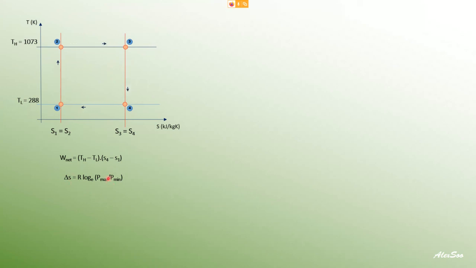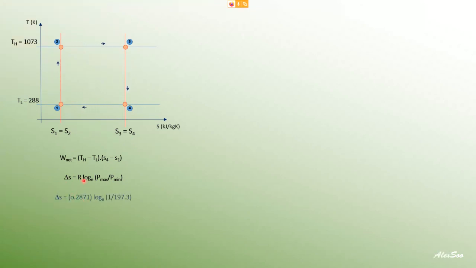So S4 minus S1 equals S3 minus S2. That is the change of entropy we are looking at.